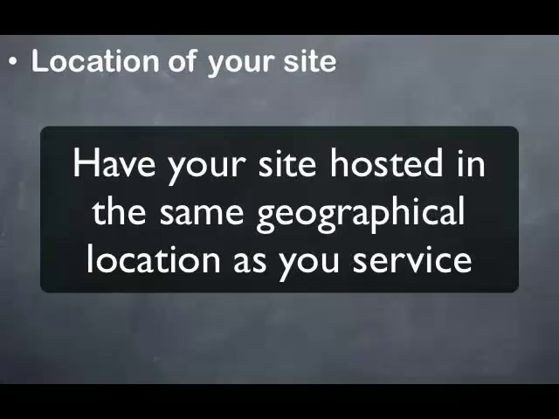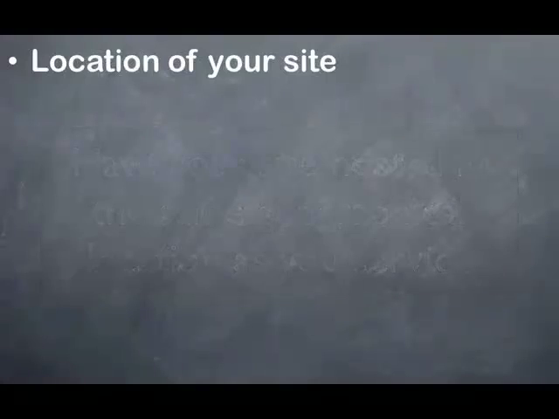That means if it's a new site that's being built, or if you're building a new site for a client, or if there's an opportunity to shift them across to a different host, then you shift them across to the same geographical location. The benefit is that Google sees that your site is located within that geographical location, so it's a little bit of an authority ranking factor.